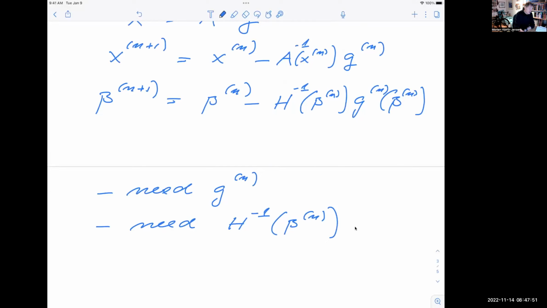Now, your matrix H, if you have 1,000,000 parameters, is a matrix of dimensionality 1,000,000 times 1,000,000. But even with a smaller case like the Wisconsin breast cancer data, which we mentioned last time, which has 30 features, this matrix is a 30 by 30 matrix. We have 30 parameters, which means that we need to calculate 30 gradients.